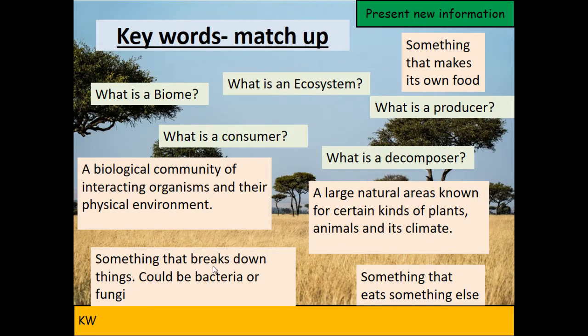So, for example, say a fox died, the bacteria and the fungi would start to break it down, and all of the muscle, the skin, the fur, the bones, all of that would break down, and that would then be returned to the soil, and all those nutrients inside of that body would fertilize the soil, and then something would grow from it. Okay? Give yourself a mark out of 5.